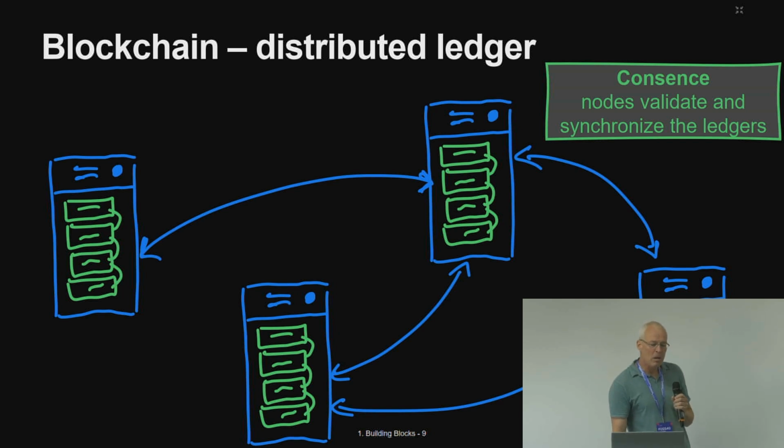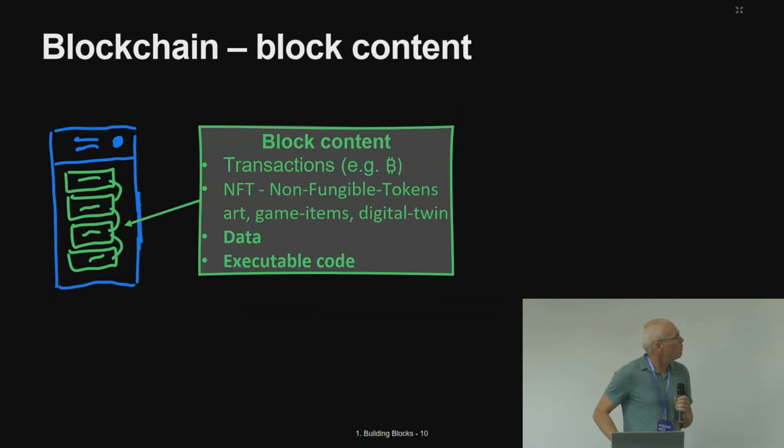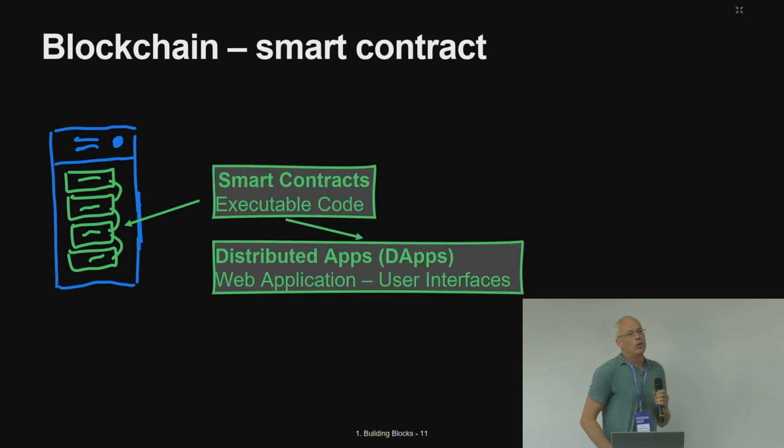So what can be within such a blockchain or within such a block? In fact, any digital data. It can be data or transactions, like on Bitcoin, the most prominent blockchain, but it can also be executable code. And if this code is executable on these nodes, you talk about smart contracts.